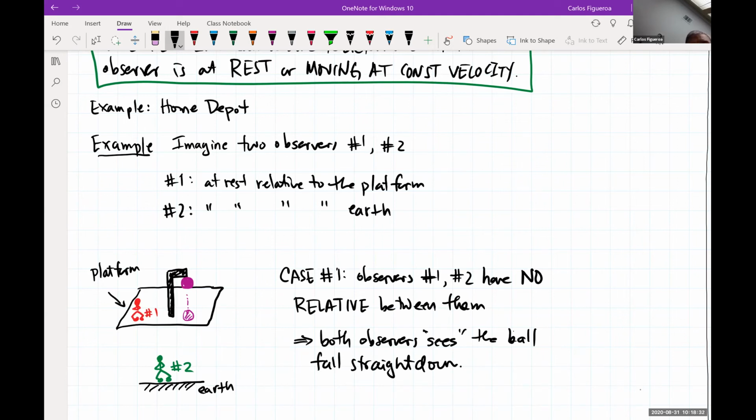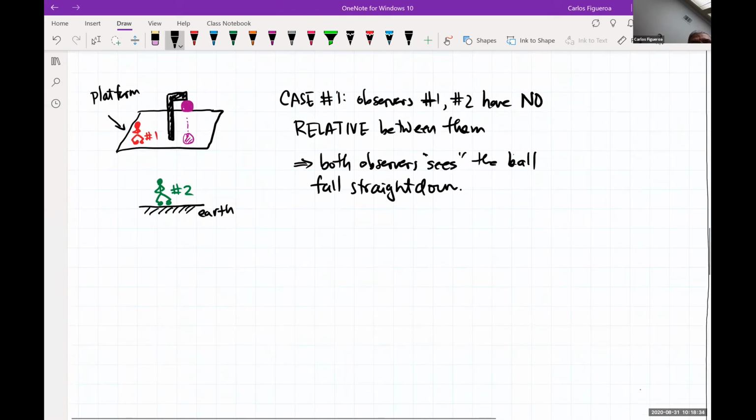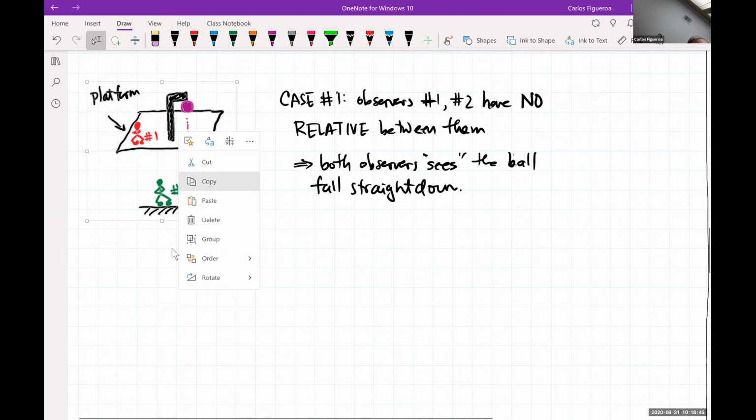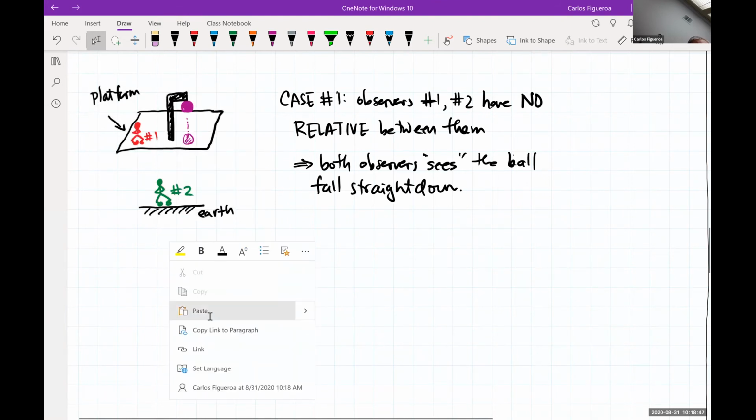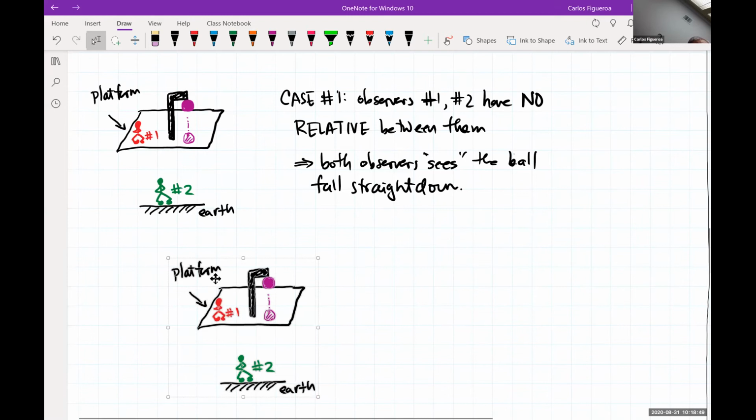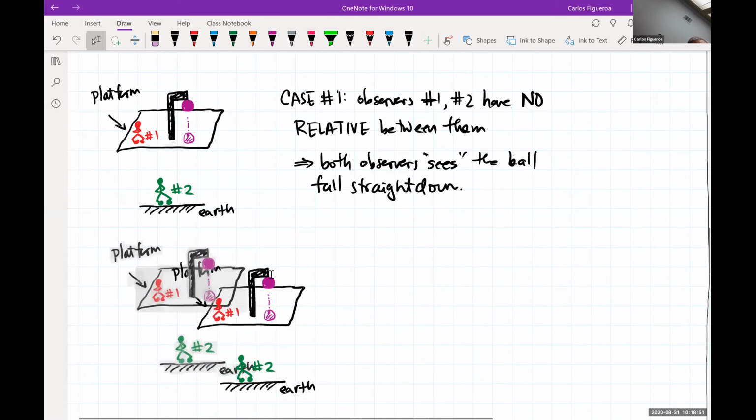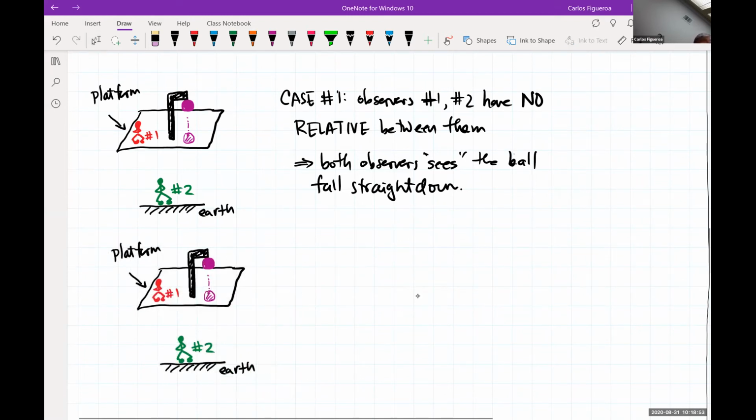Now what I want to do in this case is change it. I'm going to have the same thing again, so let me copy and paste to be faster. So here's my platform again, and I'm going to get rid of this ball here.